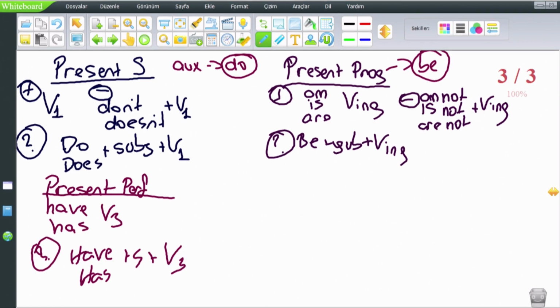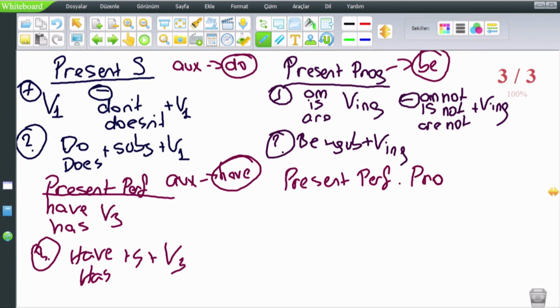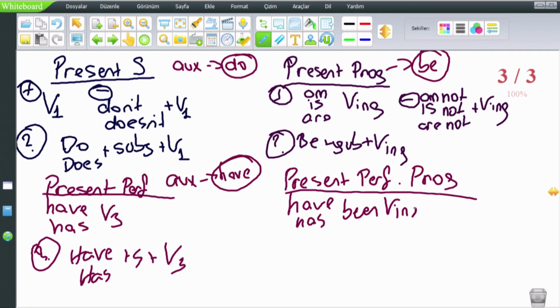So the auxiliary verb here is have. Let's talk about present perfect progressive. Our rule is have, has, been, verb ing, which again makes our auxiliary verb have.